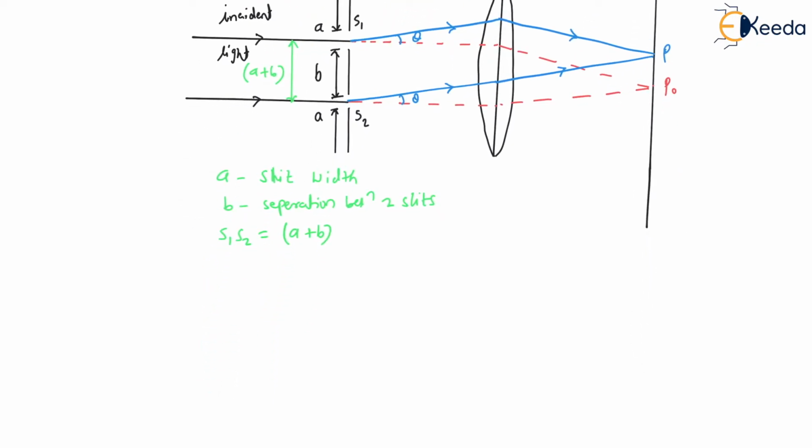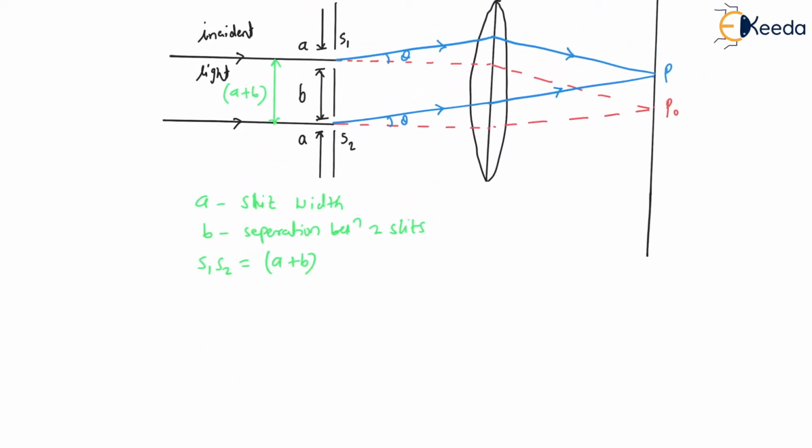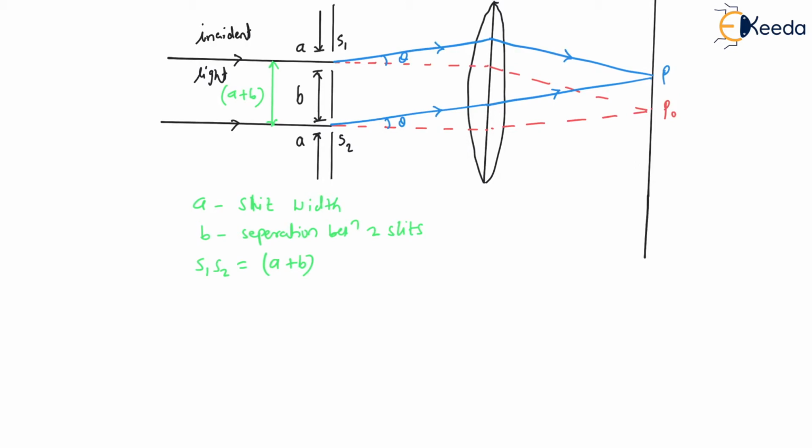Now, as I said, due to the first slit S1 there will be a diffraction, and then we'll write the resultant amplitude. It will be E theta is equal to Em into sin alpha upon alpha.